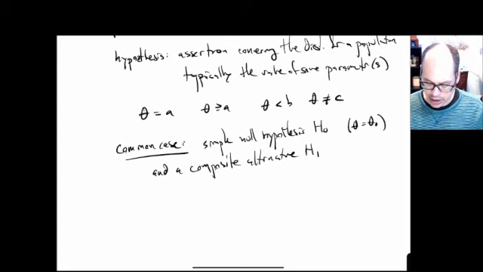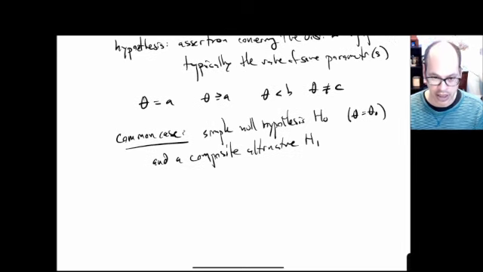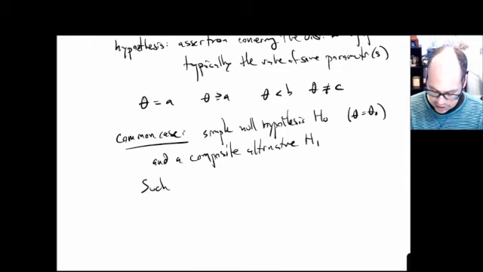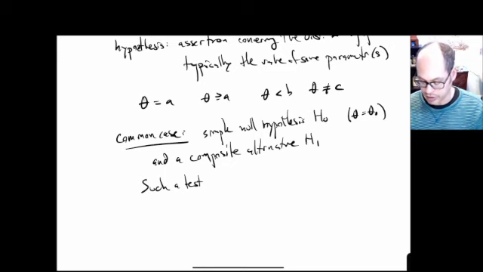If we construct a test of this sort to distinguish between a simple null hypothesis and a composite alternative, we often call this a test of significance. I haven't specified what the test is. You'll give some criteria based on some value of some statistic that comes out of your samples, and then you'll decide whether to accept or reject the null hypothesis.